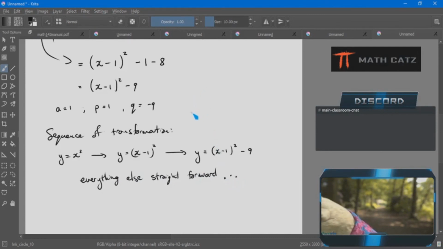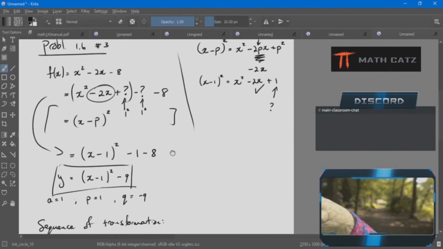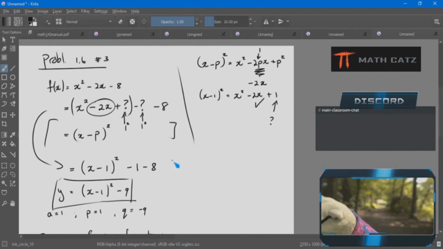The important part is how we get to this pq form, this standard form. Because once I have it, then I can see my transformations, I can isolate them, I can make the sequence, graph, everything's the same. It's when I start with the general form, how do I complete the square to get me my standard form?